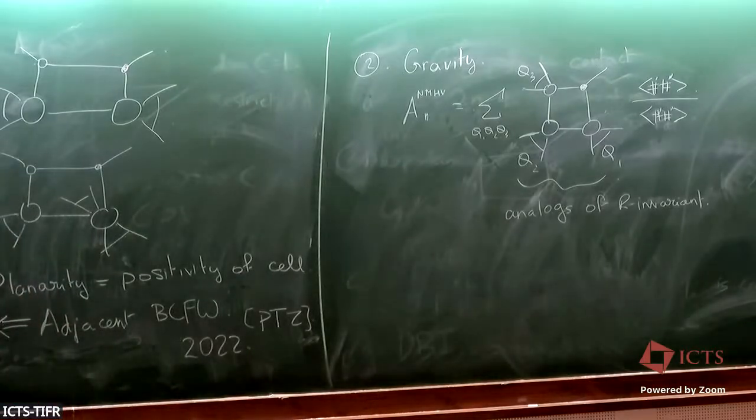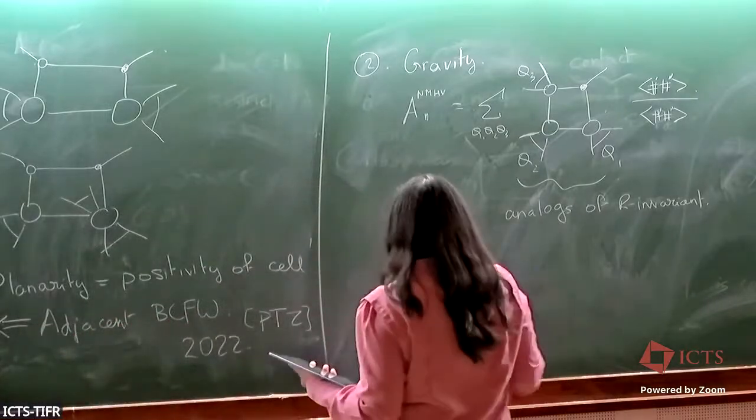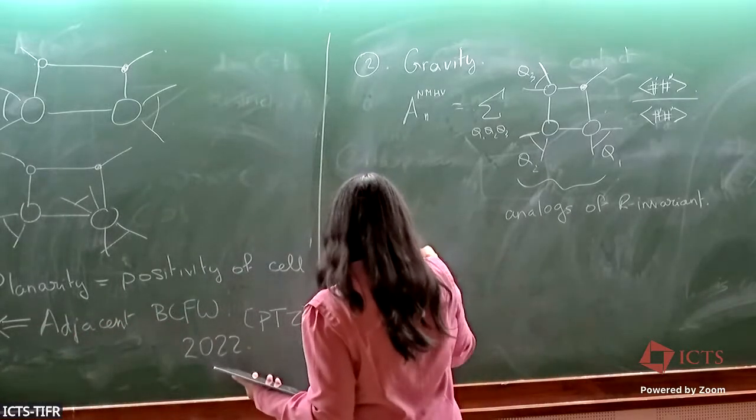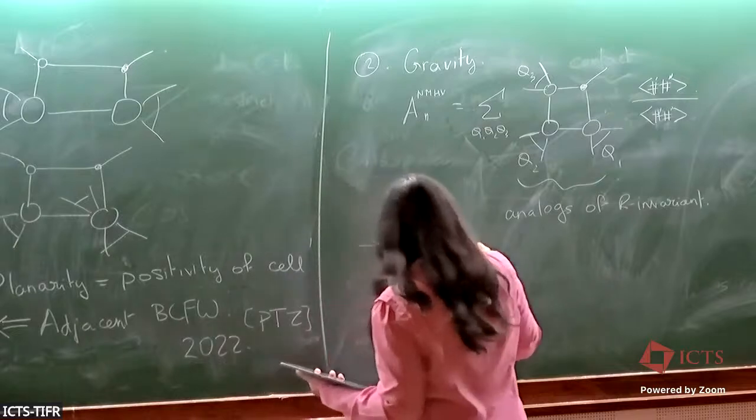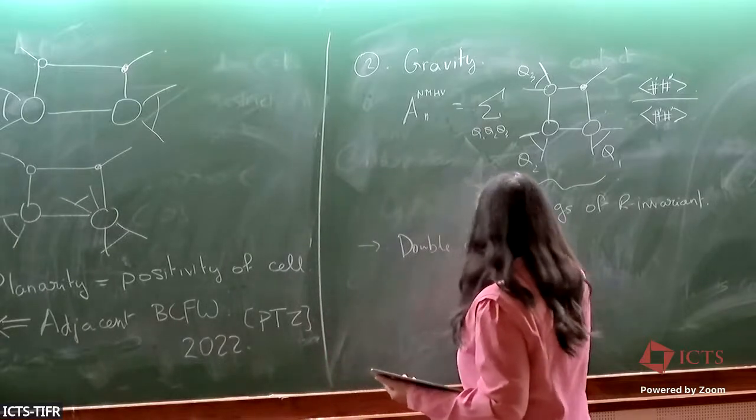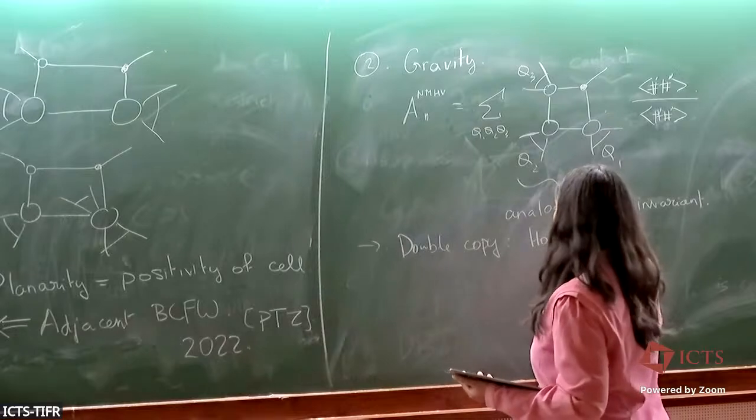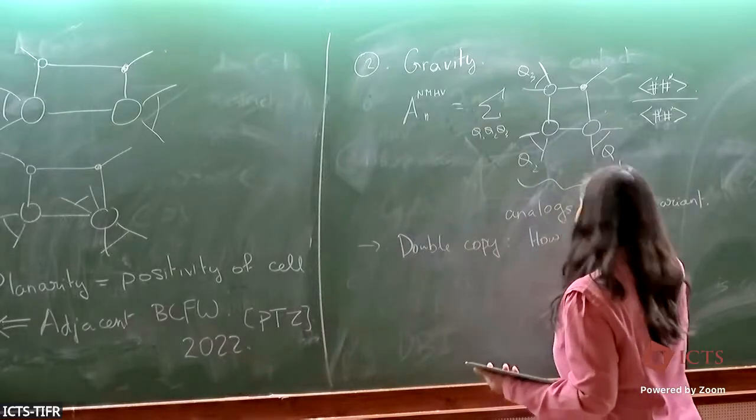Okay, so let me just end by putting up 3 questions, which I think are relatively open. One is the double copy. How does it play with this? So how do we see it?